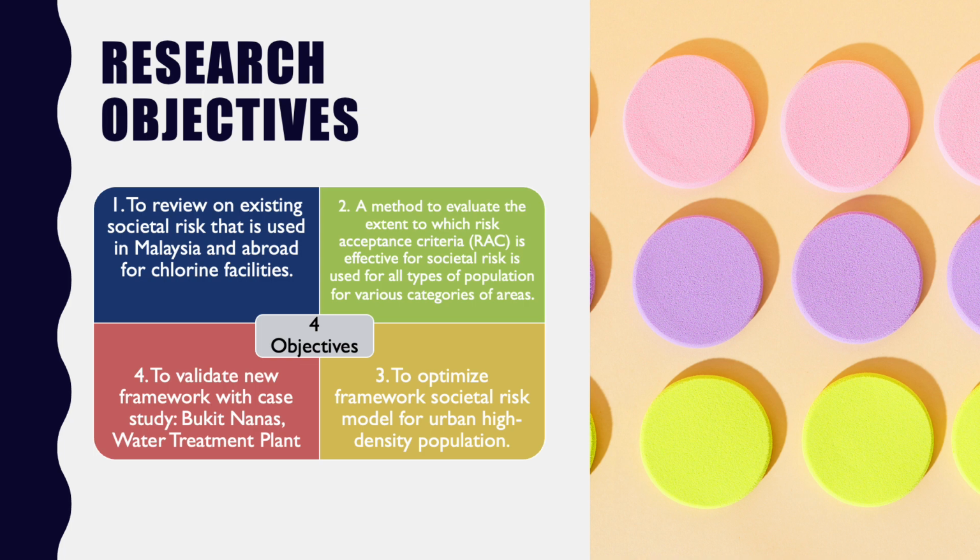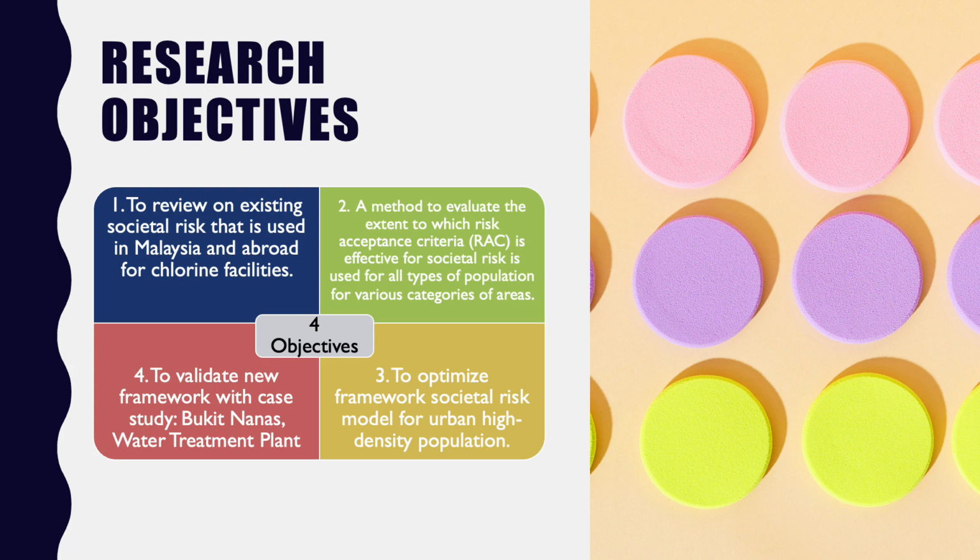And the research objective for this research proposal, there are 4 objectives stated in this research proposal. The first one is to review the existing societal risk criteria that are used in Malaysia and abroad for chlorine facilities. And the second objective is a method to evaluate the extent to which risk acceptance criteria are effective for societal risk used for all types of population for various categories of areas.